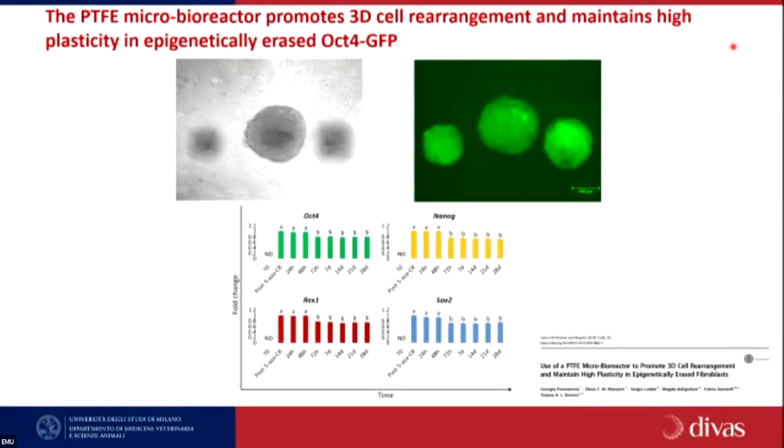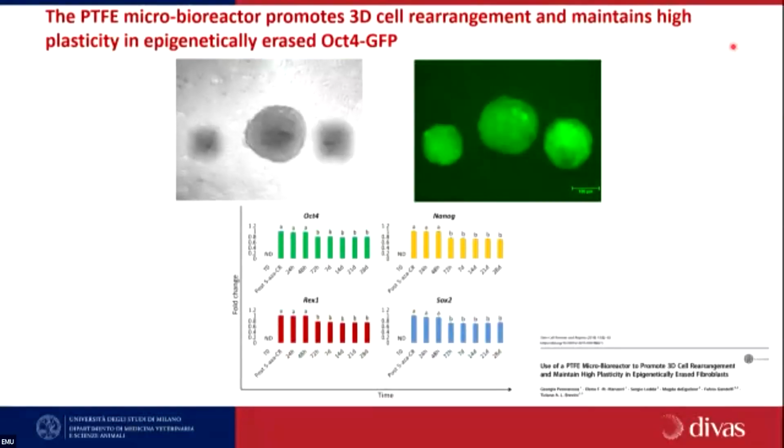And as you can see in this slide, we were using OCT4 GFP positive fibroblasts. So basically, these were fibroblasts that were reprogrammed to pluripotency. And when they become pluripotent, they also turn green because they start to express OCT4. So this is a nice user-friendly way to monitor cells, and you know that they are pluripotent if they turn green.